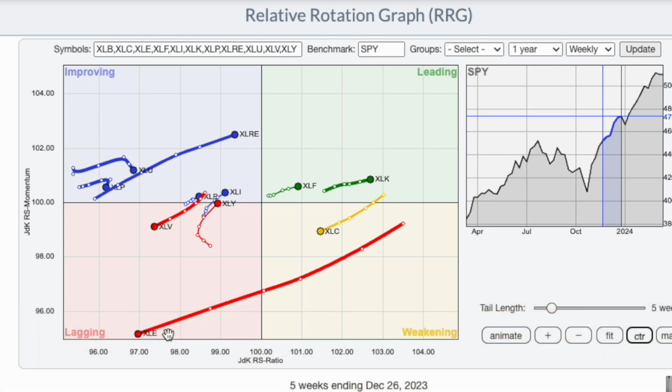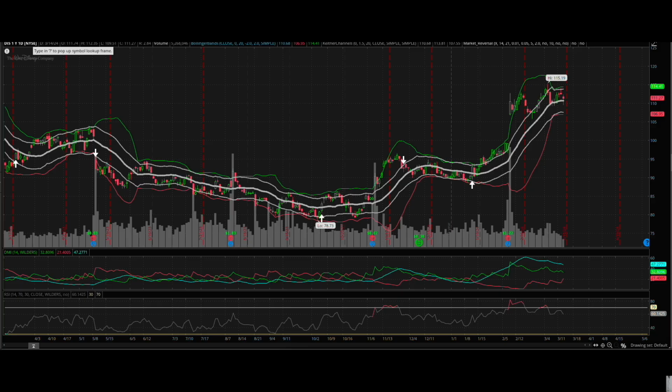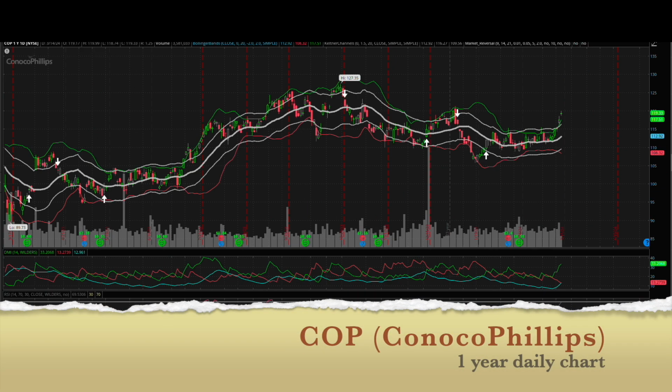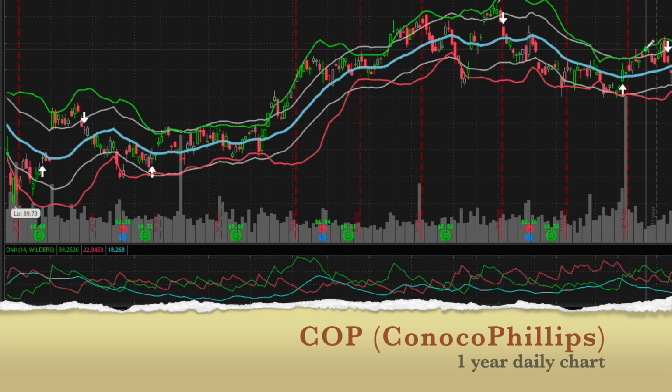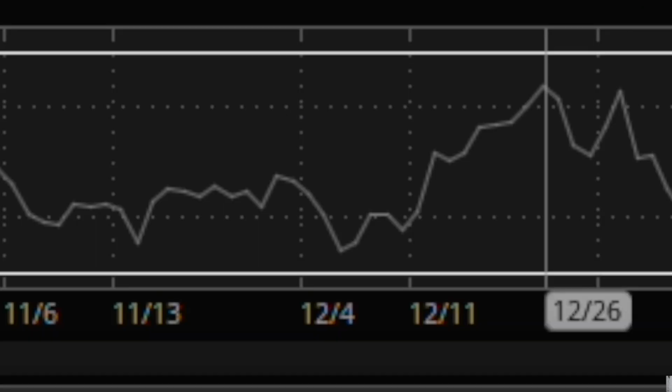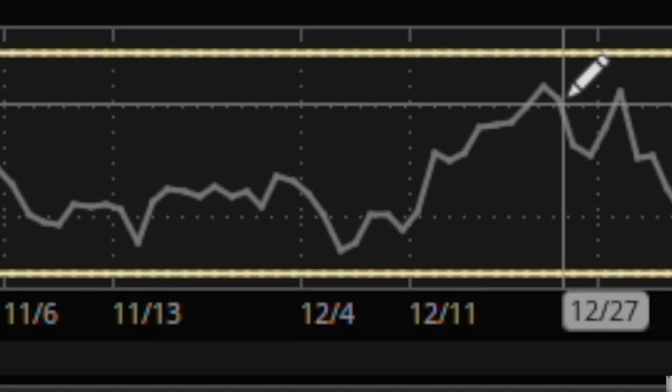Let's switch to Think or Swim, and let's pull up a couple of energy stocks. So COP, ConocoPhillips is one stock, and let's go back to 12/26. So this date is 12/26. If you didn't have access to the RRG information and you had no idea what's happening with the sector, you would think that RSI, if you just look at the charts, RSI is going up very strong.